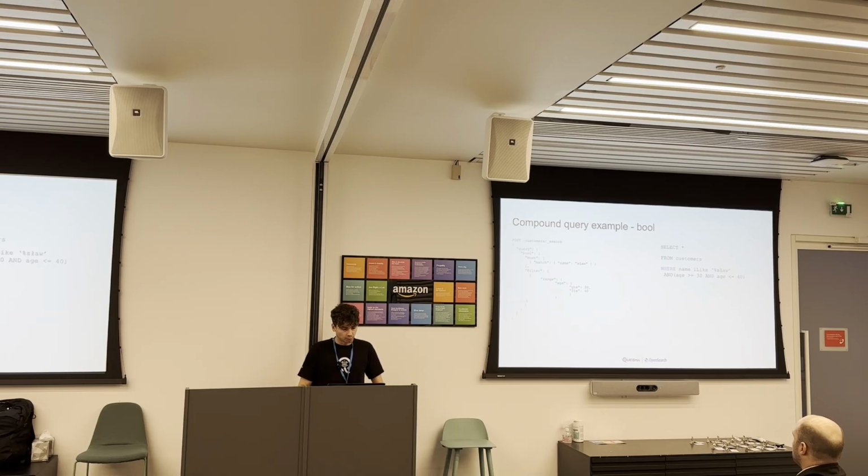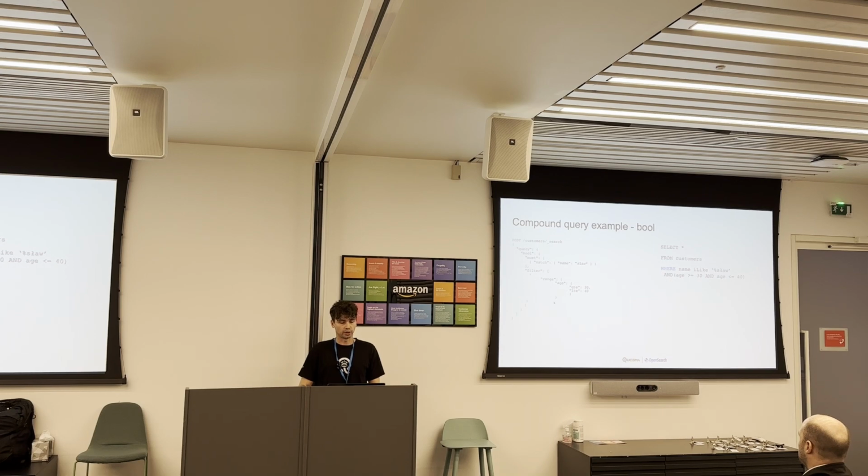So in this case, what are we searching for? We are executing a Boolean query which has must and filter parts. These will be joined by the AND separator, and we have only one element for each.